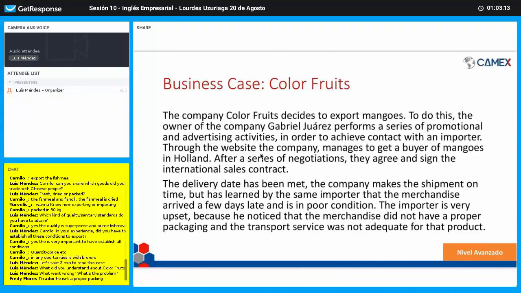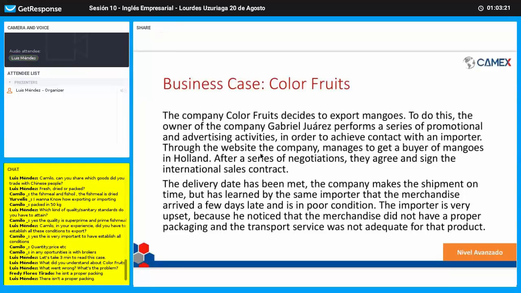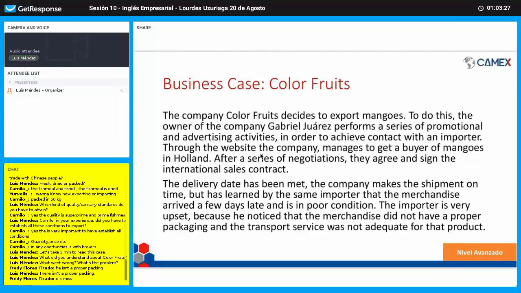So there isn't a proper packing. Okay, no existe un empaquetado apropiado.